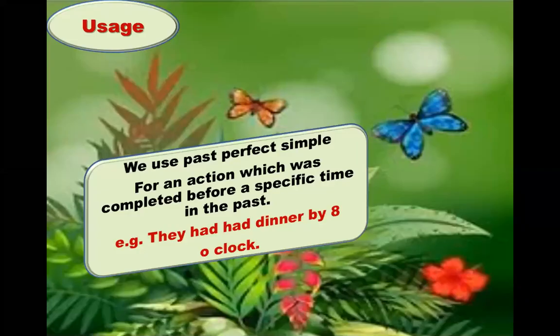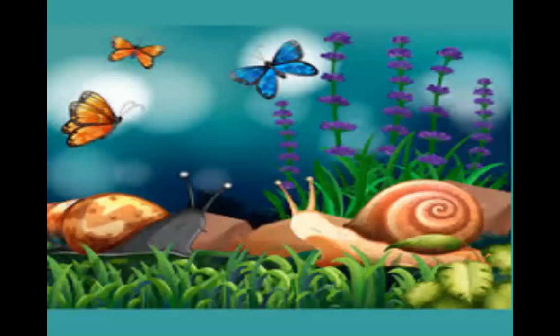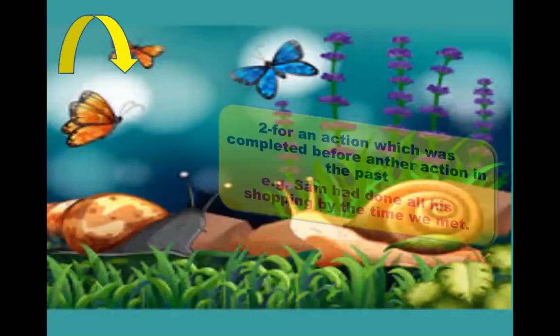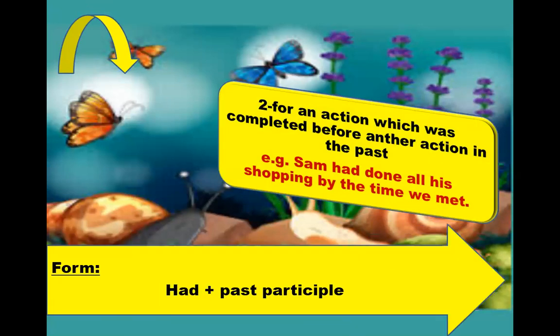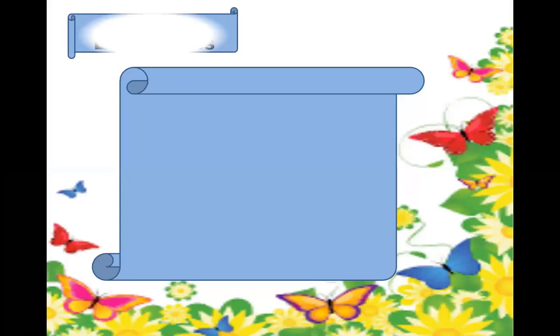This is the first use. What about the second use? We use it to express an action happened before another action. What is the form of it? Had plus the past participle.